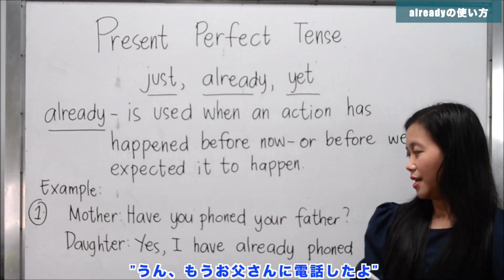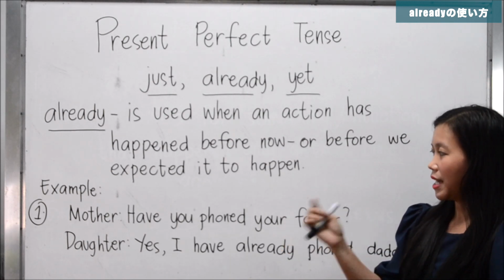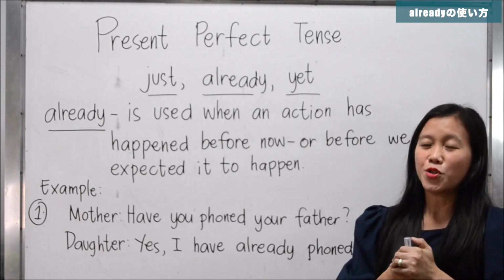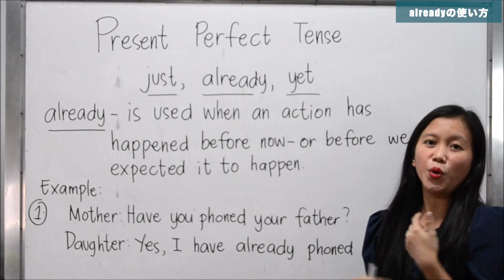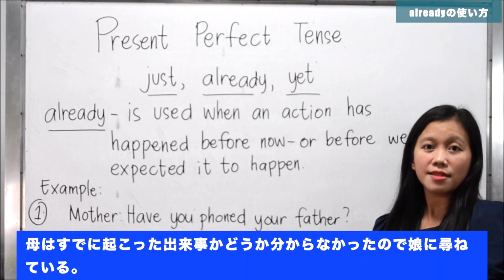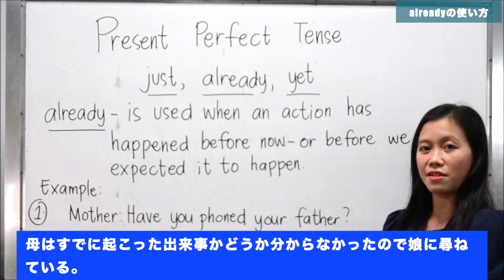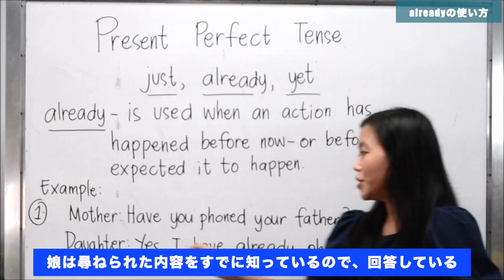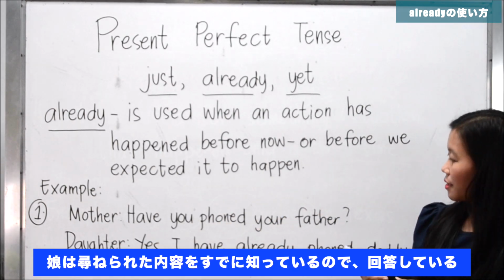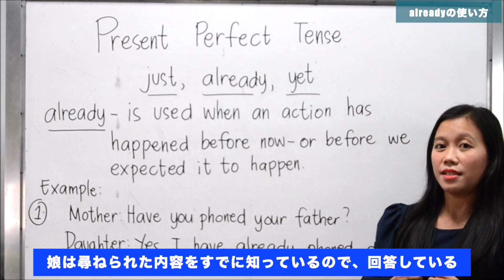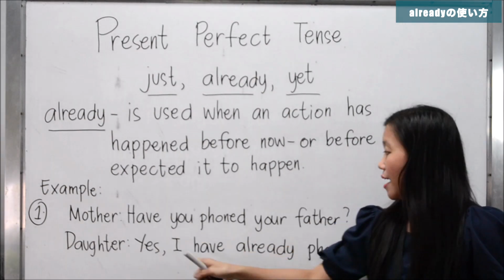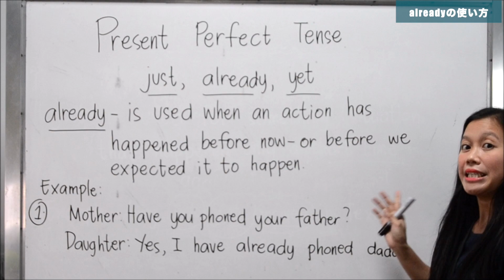Notice in the question, the mother was asking her daughter, meaning the mother didn't know that the action had happened before she asked. It means the daughter has done what her mother wanted her to do. That is why she said, yes, I have already phoned Daddy.